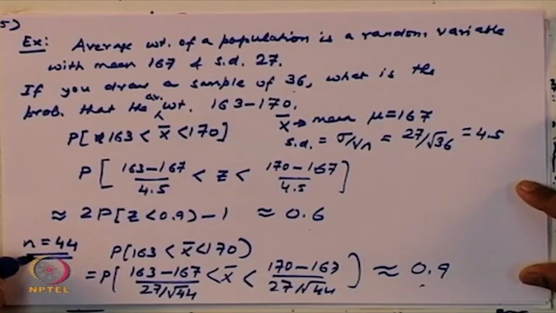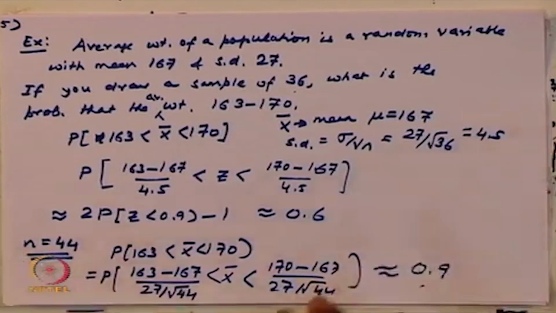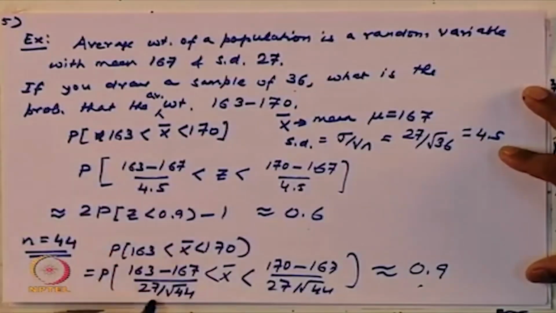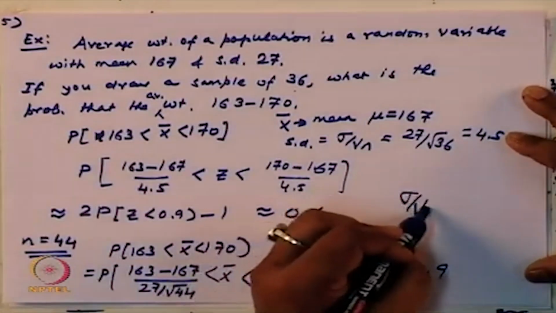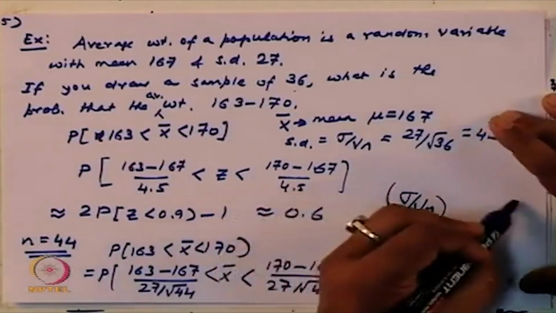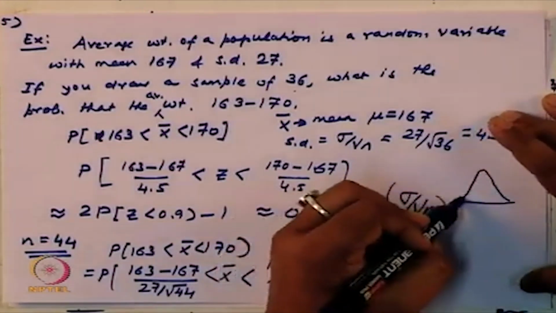So, this is very important to note. Your spread is inversely proportional to root n. The spread is the standard deviation of the distribution, and that is sigma by root n. Because you have sigma by root n, with an increase in n the distribution becomes more and more peaked.